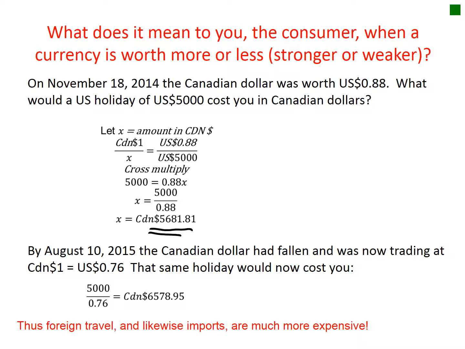That same holiday would now cost you, so you could get to a faster calculation of taking the amount in US dollars and dividing it by that exchange rate, and it's almost $6,600. So foreign travel and likewise imports are much more expensive if your currency falls in value.